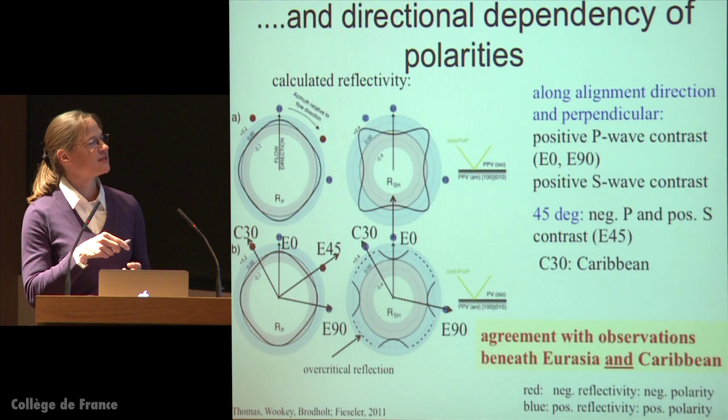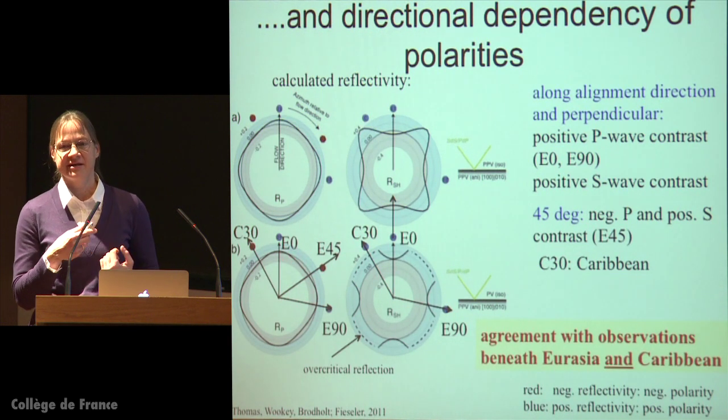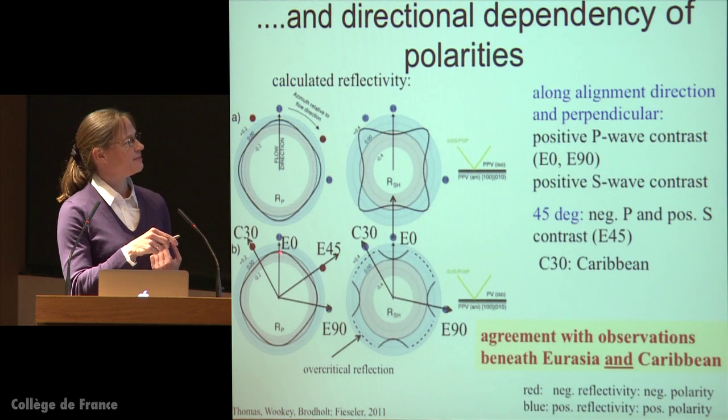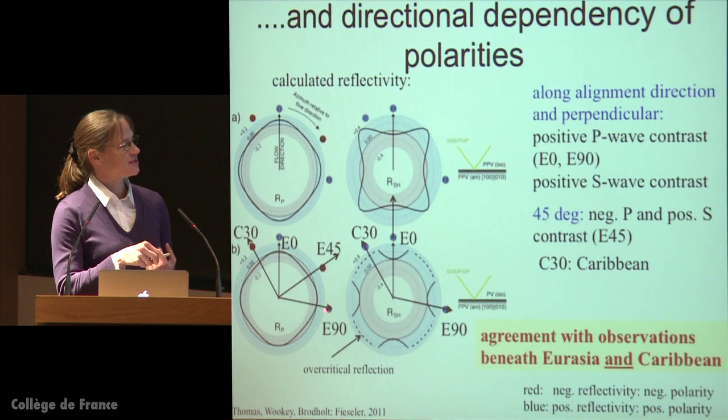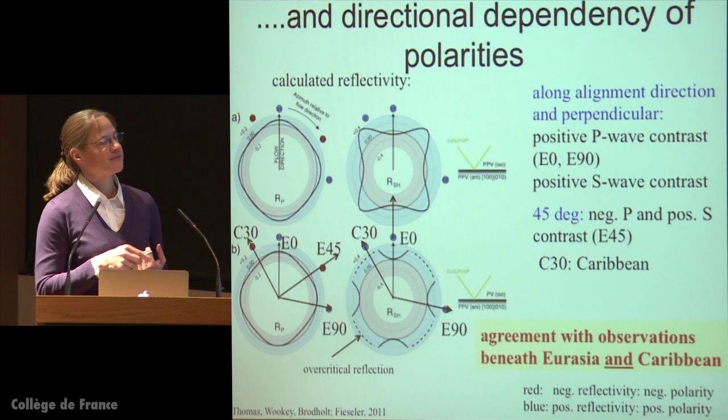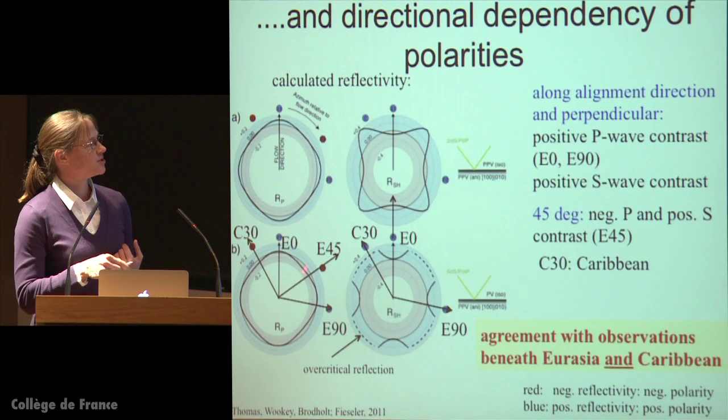So blue is a positive reflection coefficient, and reddish is a negative reflection coefficient. So here you would expect a positive polarity for PDP. Here you would expect a positive polarity for PDP, which is what we're seeing. And in these directions, you would expect negative polarities for PDP, which we're seeing.